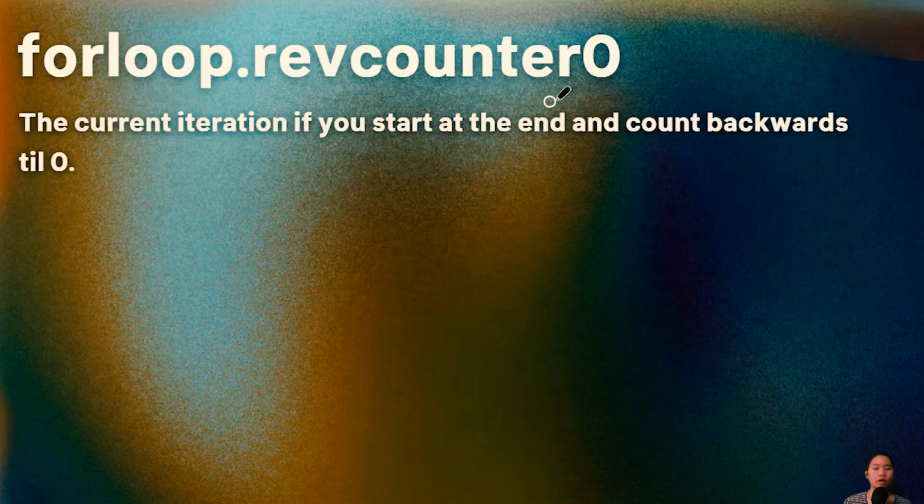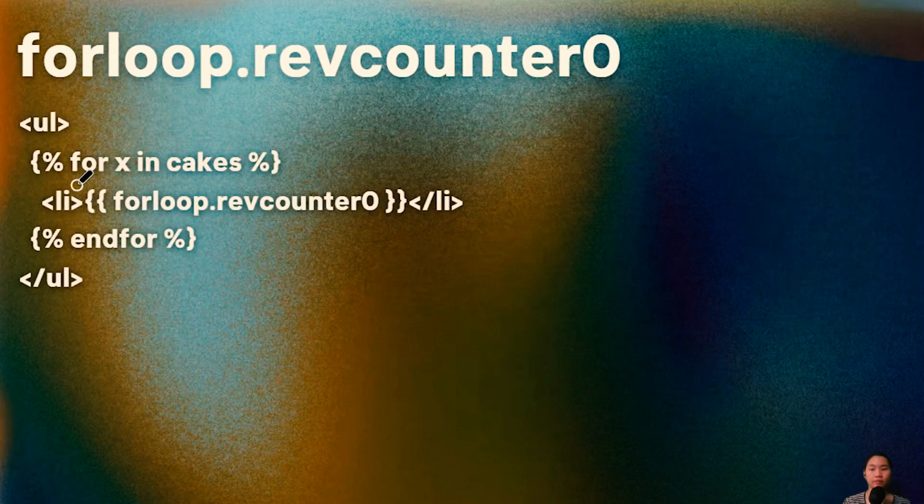And then forloop.revcounter0 is the same thing, but counting backwards until 0. The only difference is the 0. If it's until 1, then we just get rid of the 0.